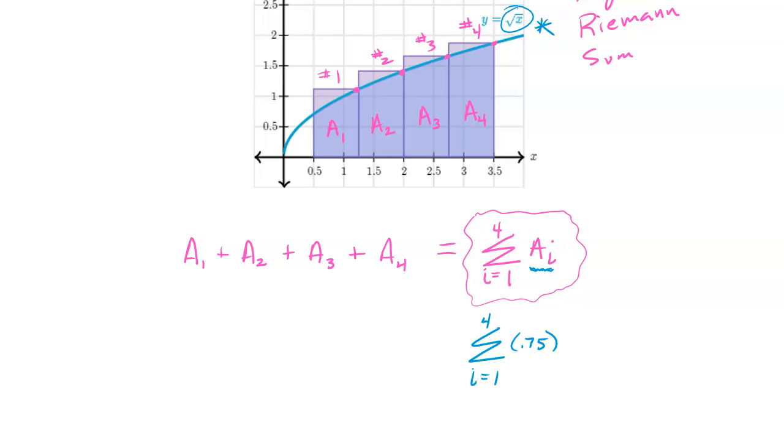Now, here's the weird part. The height, I can't just write as square root of x. Maybe I'll try to ask it like this.